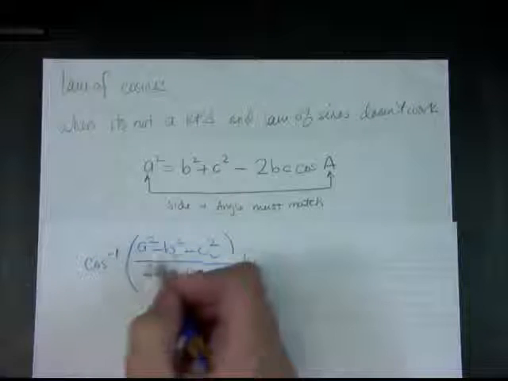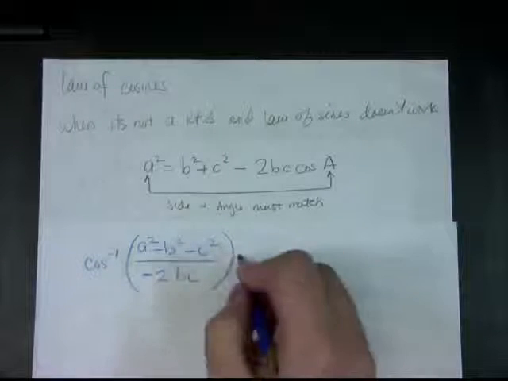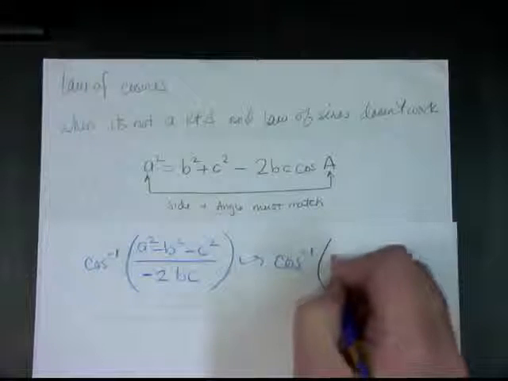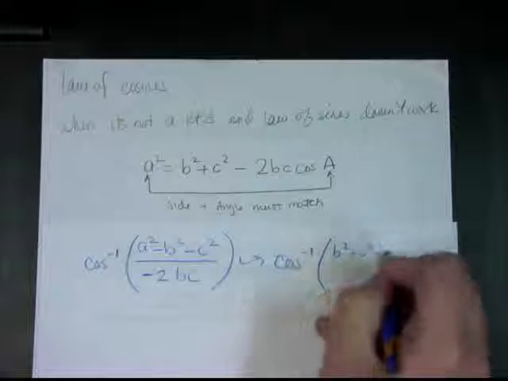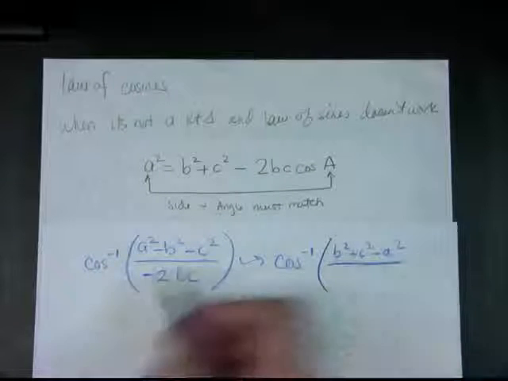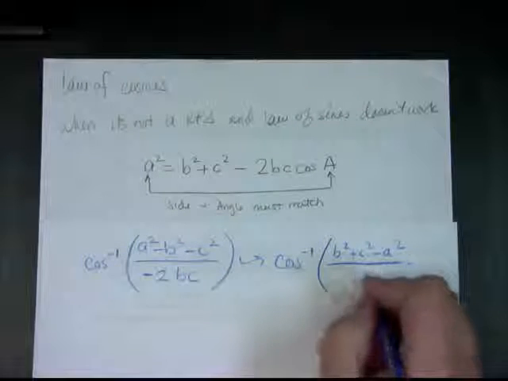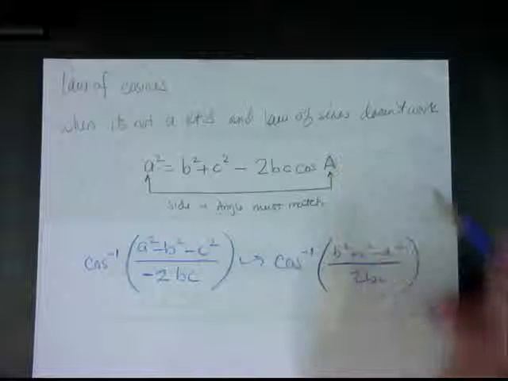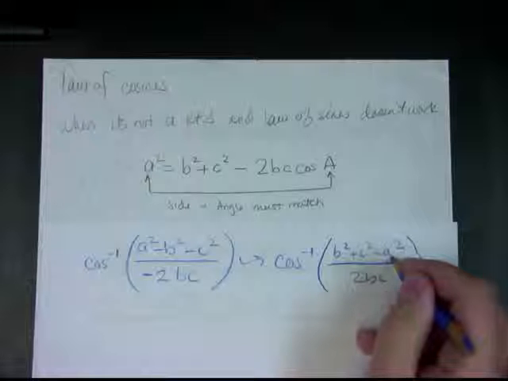To help you with this whole negative sign so you don't have to worry about it, you can change it to b squared plus c squared minus a squared, because I'm just getting rid of the negative by switching signs. So the angle I want is the side I'm subtracting.